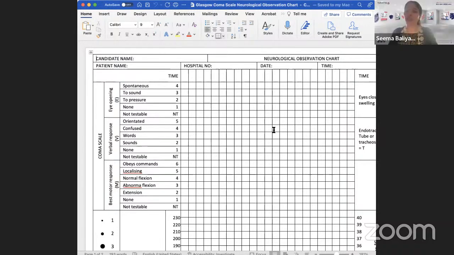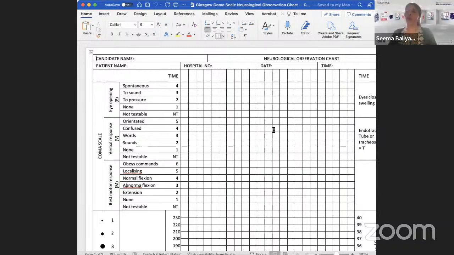So you have been talking to this patient for the last two to three minutes, checking their name, age, date of birth, etc. Surely you would have noticed that they are opening their eyes spontaneously. Yes, we need to check that way, whether the opening is wide or how it is, then mark it like that.